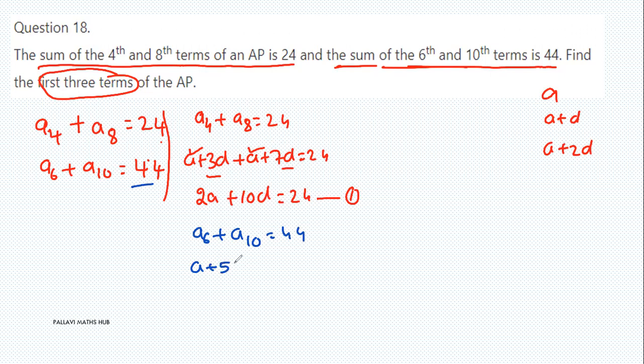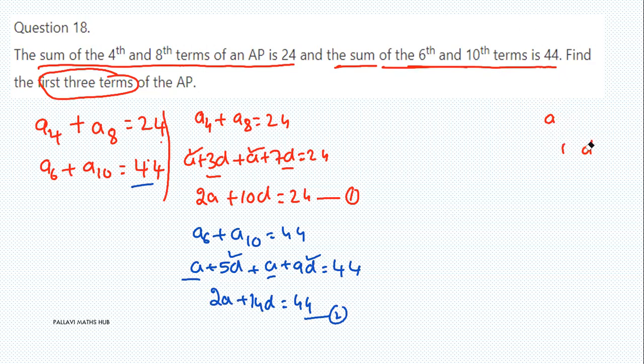A6 means A plus 5D. A10 means A plus 9D is equal to 44. A plus A, 2A. 5D plus 9D is 14D is equal to 44. I call this equation 2. Next, solve equation 1 and 2 because you need to find out the values of A and D.